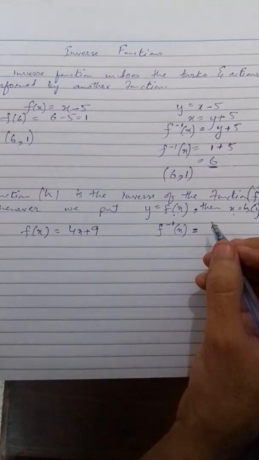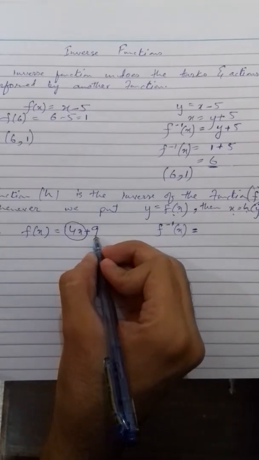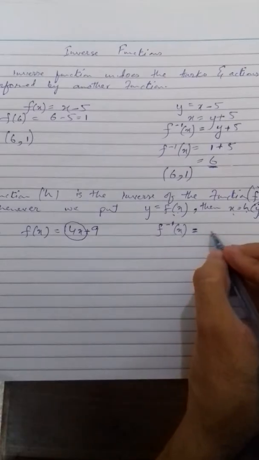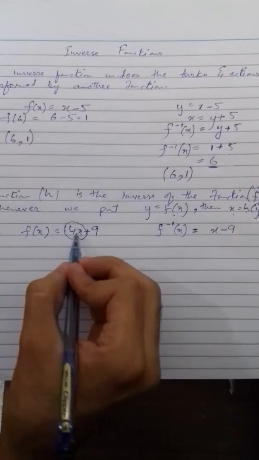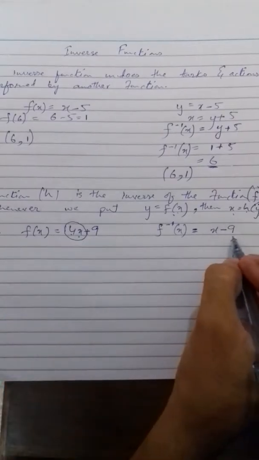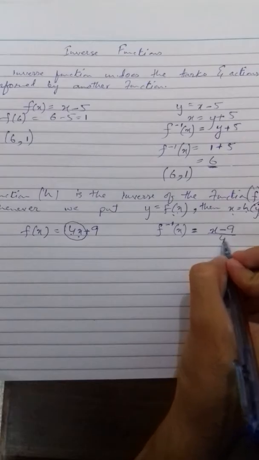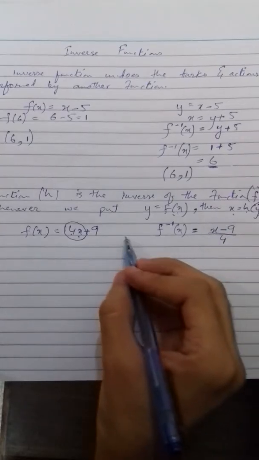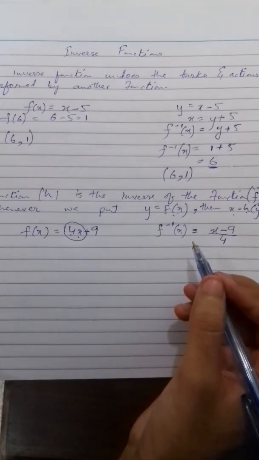Now this whole thing is being added by 9, so we'll subtract 9 first of all, and then we see that x is being multiplied by 4. What's the opposite of multiplication? It's divide. This is the inverse function. This is a very simple basic rule of taking out the inverse of a function very quickly.